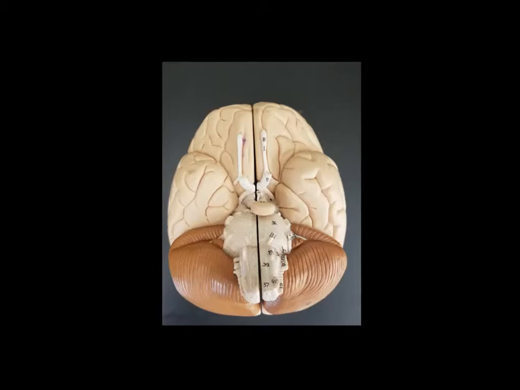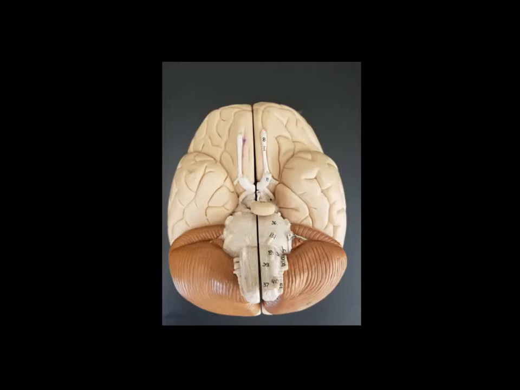A couple of new structures that we do see in this view are two of the cranial nerves. And right here, these little white structures that project forward, these are the olfactory nerves, and they are cranial nerve number 1.